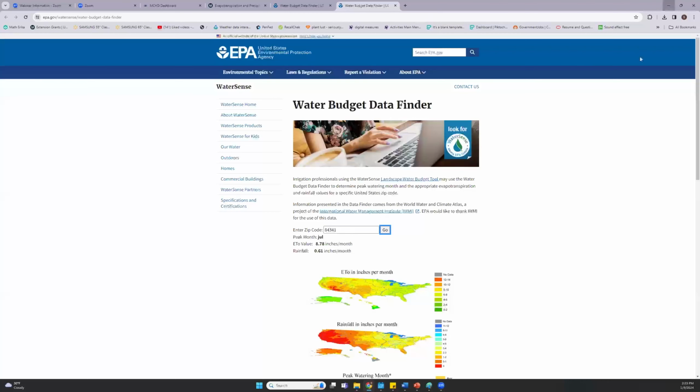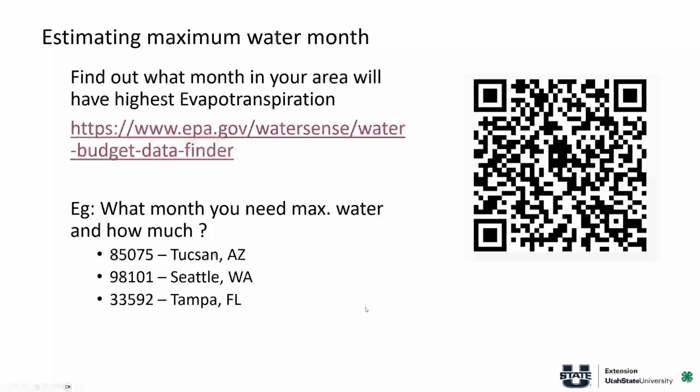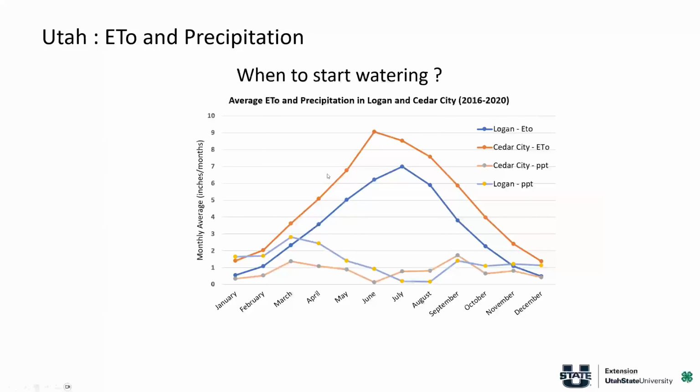So EPA has this quick and simple website where you can find out the maximum water use month. And if you can provide that much water, you should be good to go. The other thing is, depending on ETO, reference evapotranspiration, and precipitation, you can determine when to start watering.